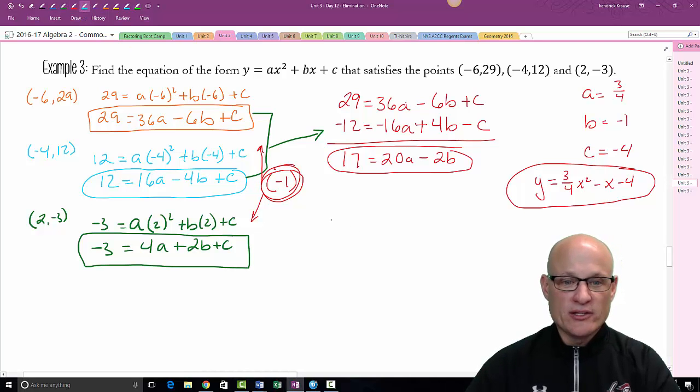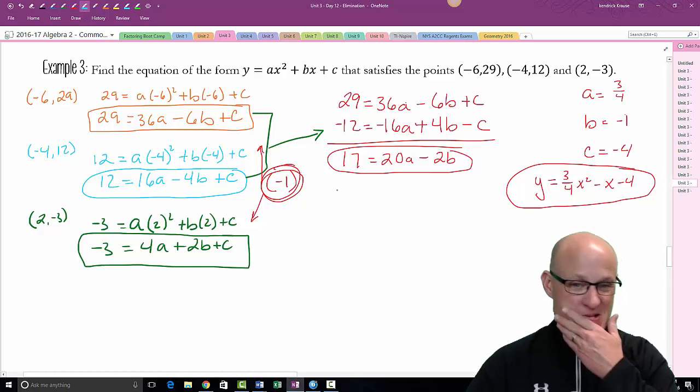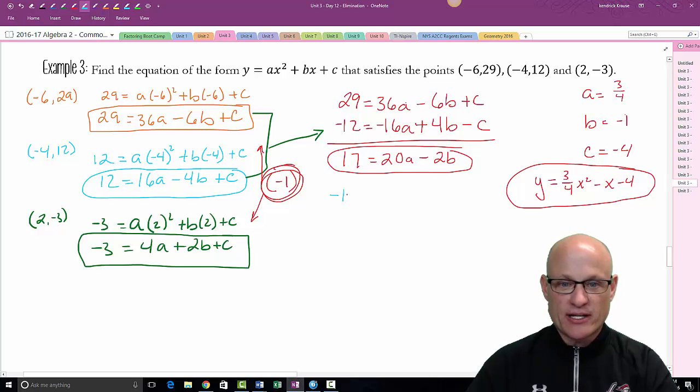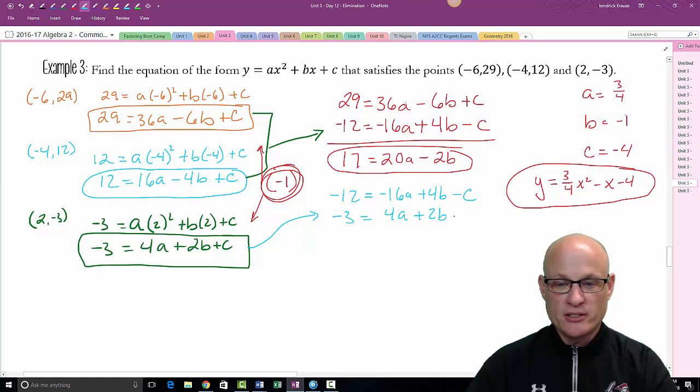Now, the good news is I already multiplied this second equation by negative 1. So I got negative 12 equals negative 16A plus 4B minus C. And then this one I'm just going to bring over. Negative 3 equals 4A plus 2B plus C. Now I'll add these up.